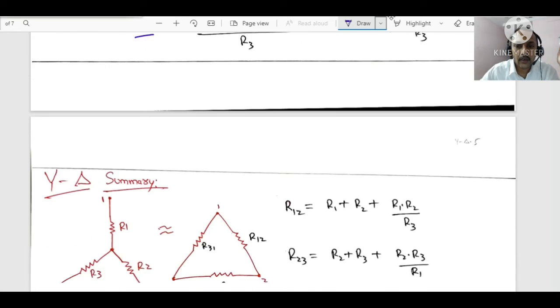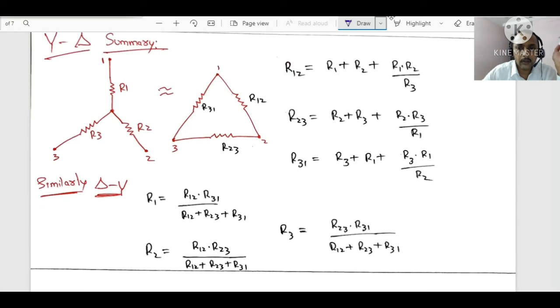Now let me summarize. This summary is important, dear students. Whatever problems are given or whatever intermediate stage you come across, if star is given and you want delta, for example, this is the R12 value.